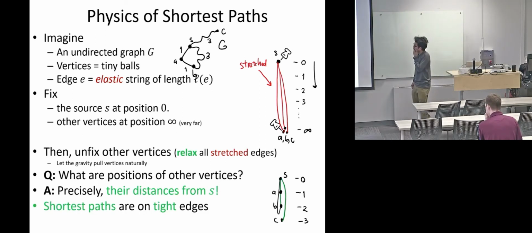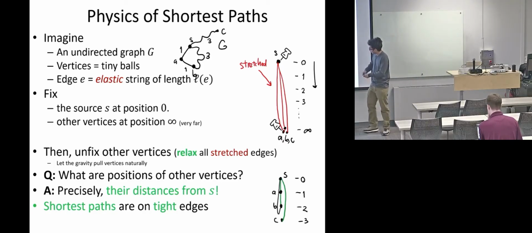And you can also see that the shortest path, the green one here, is the one that is not stretched, but it's tight. It's tight but not stretched. This is the green one. And you can see that the shortest path will be using only the tight edges. You'll never use a non-tight one because it's not going the shortest way.